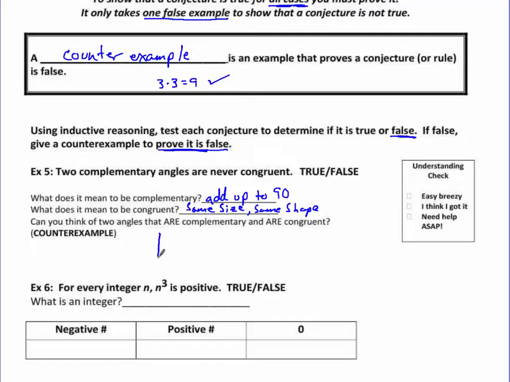And hopefully you're thinking of 2 45-degree angles. They add up to 90 degrees. They're congruent, but we said 2 complementary angles are never congruent. So that's false because of our one counterexample.